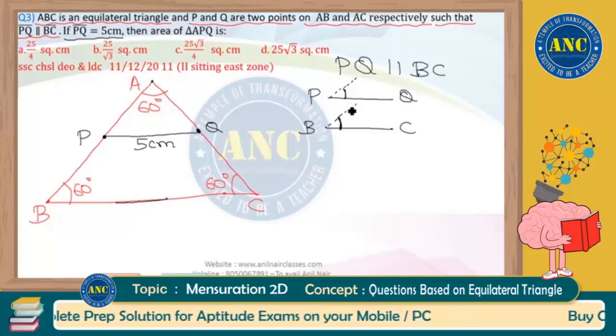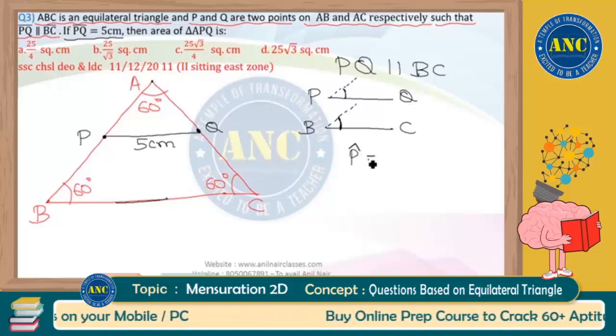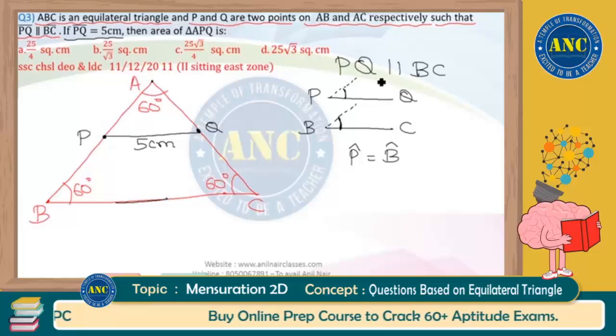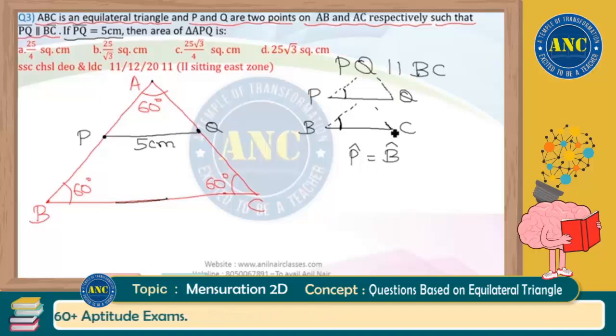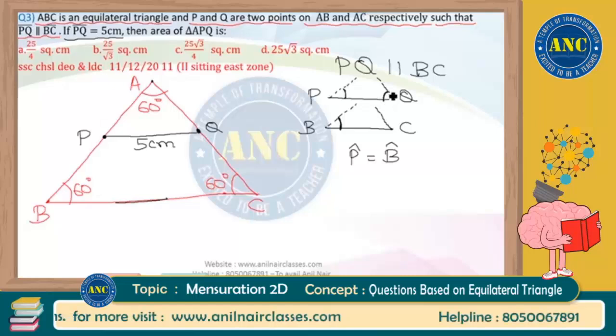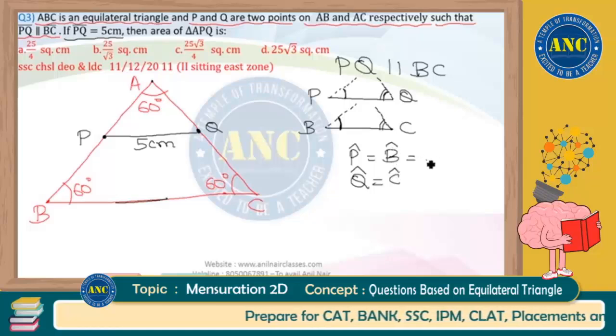That means PQ is parallel to BC means angle P is equal to angle B. Similarly, if I draw a line here at Q, and the same line I have drawn on the right side of PQ, if I put it here again at C, angle Q will be exactly the same as angle C. That means PQ is parallel to BC means angle P is equal to angle B and angle Q is equal to angle C. But we already know angle B value as 60 degrees.